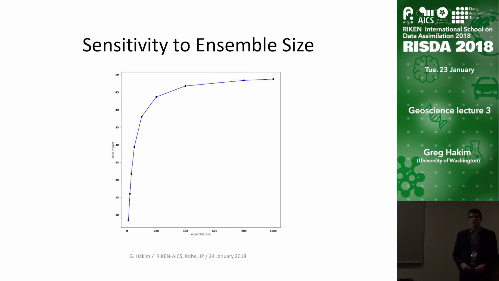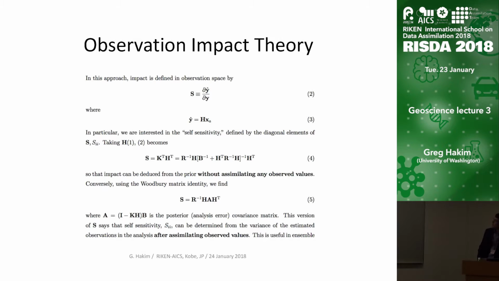Yes, sir. Sorry, could you briefly go over again the interpretation of the derivative of the observations according to another set of observations? Right, so that derivative, let's go back to that slide. This one right here. Okay, so we're looking at the sensitivity, the derivative with respect to the observations.